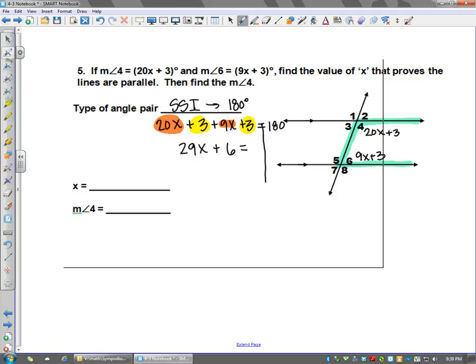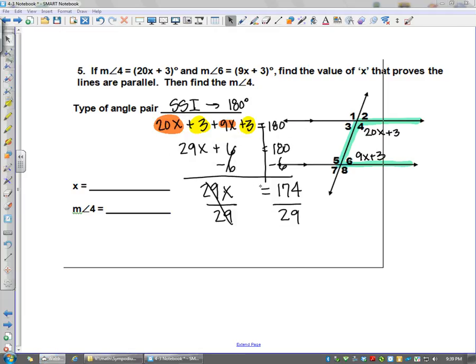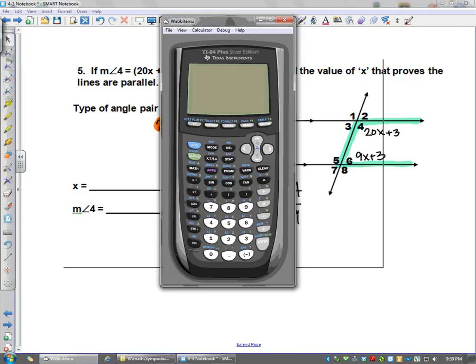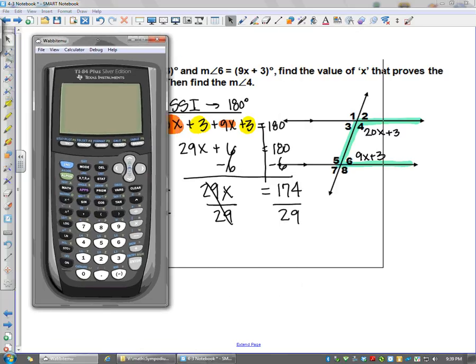Equals 180. Now it's just a simple two-step equation. I'm going to subtract 6, so 29x equals 174. And I'm going to divide both sides by 29. 174 divided by 29 is going to be 6.